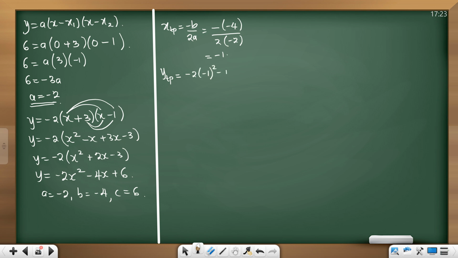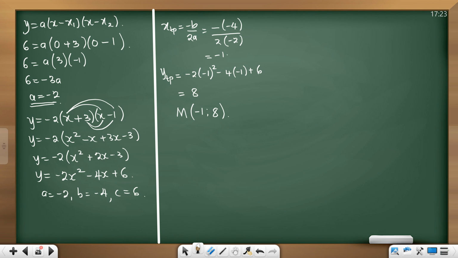We always substitute in the original. 6 plus 4 is 10. I think it's 8. Confirm for me, give me a thumbs up if my 8 is correct. So I know the coordinate. Please write that coordinate: M, negative 1 and 8. We're done.